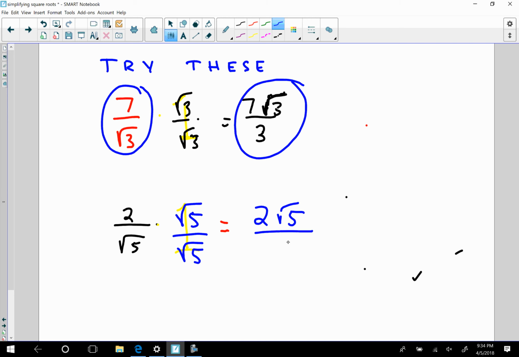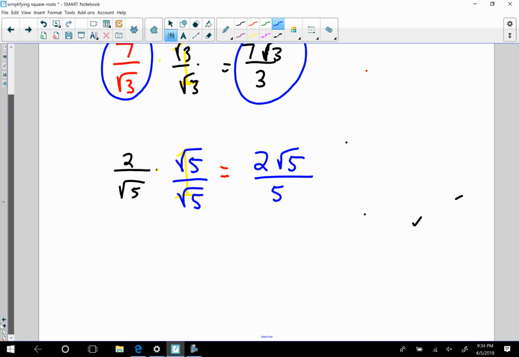And square root of 5 times square root of 5 is 5. So this 2 square root of 5 over 5 is the simplified version of 2 over square root of 5.